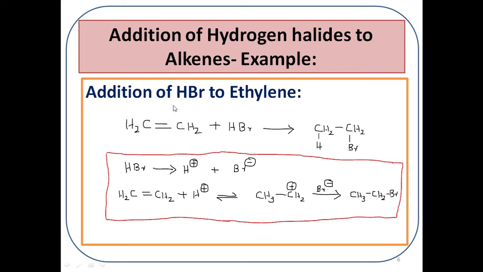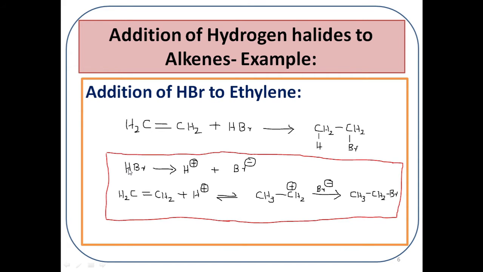Now we will see the addition of hydrogen halides to alkene. Here we are dealing with an example, that is addition of hydrogen bromide to ethylene. Hydrogen bromide will be added to ethylene to give bromoethane. That is, hydrogen will be added to one of the doubly bonded carbon atoms, and bromine to the other, to give the addition product.